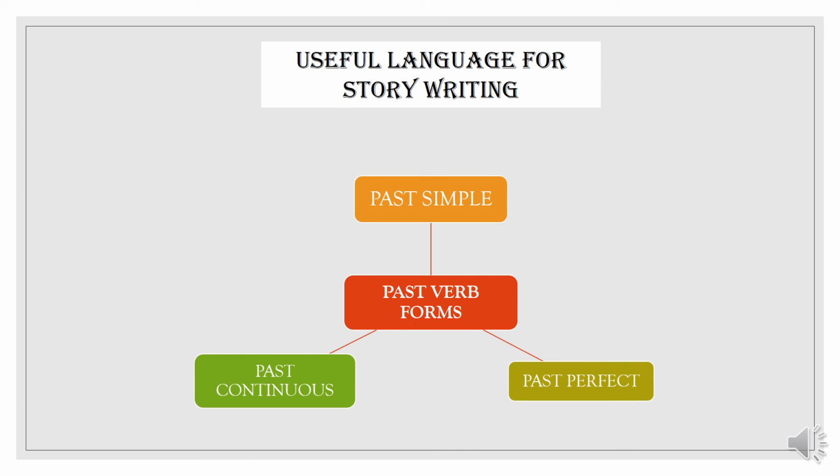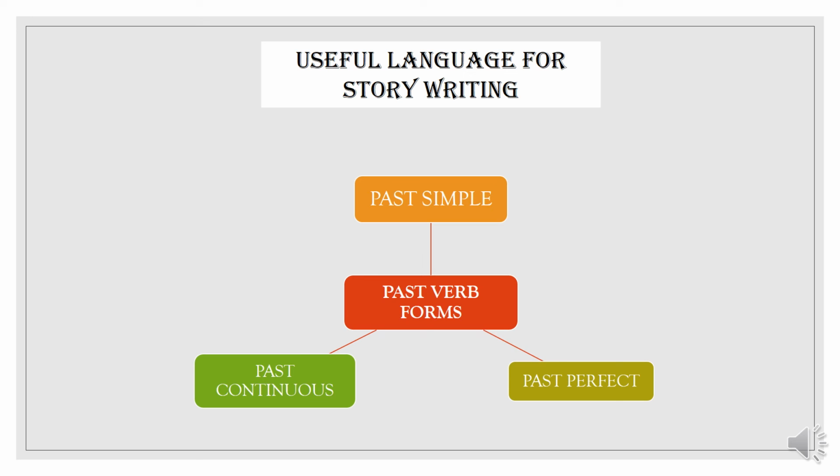So now, in this part, I'm going to give you a summary of the different types of useful language for your story writing. As I told you earlier, we should use past verb forms for writing our story. For example, past simple, past continuous, and past perfect are the three most important verb forms when you write a story.